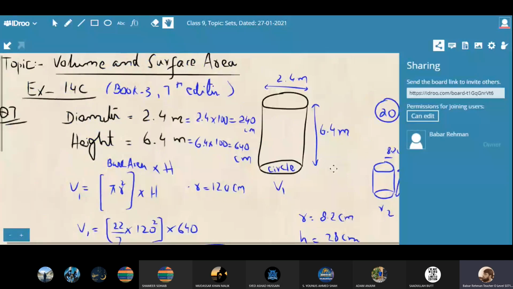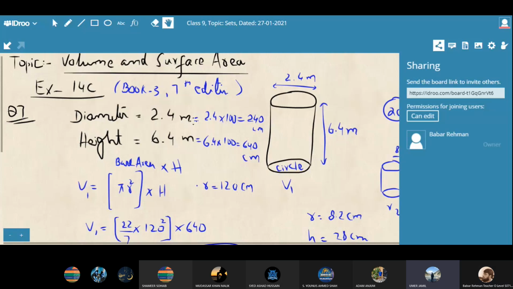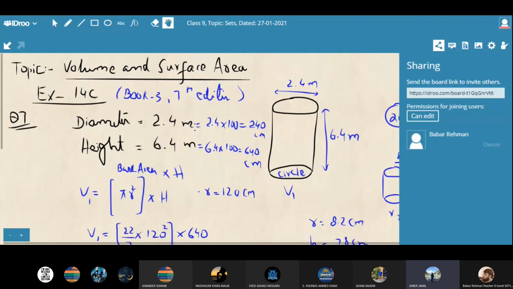Now I would ask Umar Jamil to explain the whole question clearly to the class. Yes, Umar? Yes, sir. So today we are starting exercise 14C, book 1, 7th edition. We are given the first cylindrical container, the big container, which has a diameter of 2.4 meter and a height of 6.4 meter.